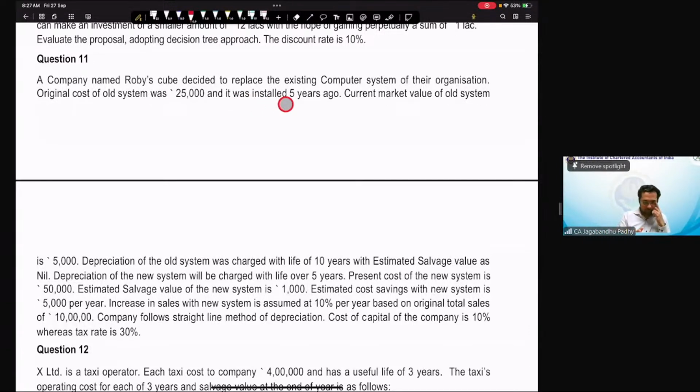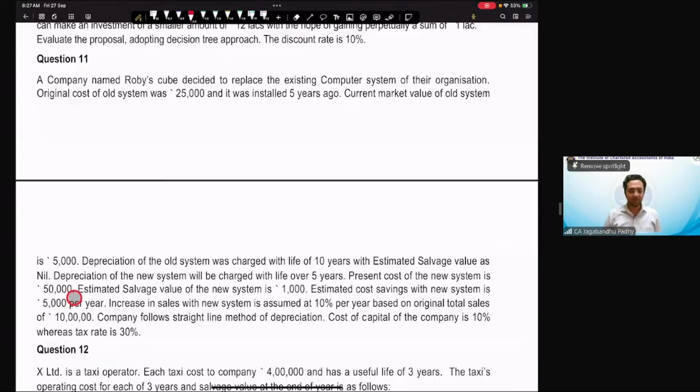Second, the current market value of the old system is 5,000. So today, if I sell this old computer system, I'm going to get a sale value of 5,000.